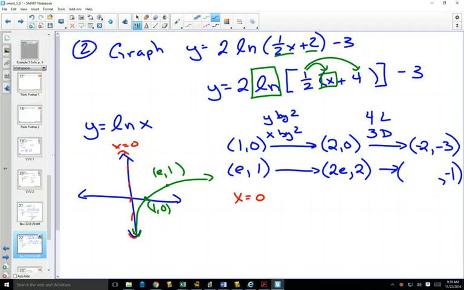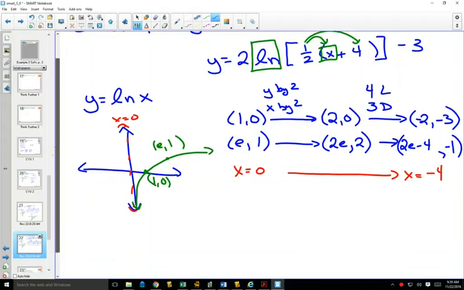You'll get -1. What am I going to write for the x coordinate here? 2e minus 4. Because we just need to subtract 4. And that's how you would leave it, as 2e minus 4. What is the only thing that's going to affect our asymptote? The 4 to the left, so our new asymptote is x equals -4.